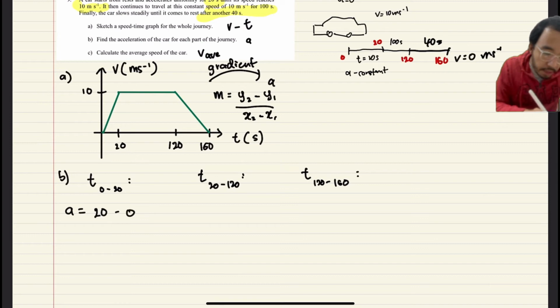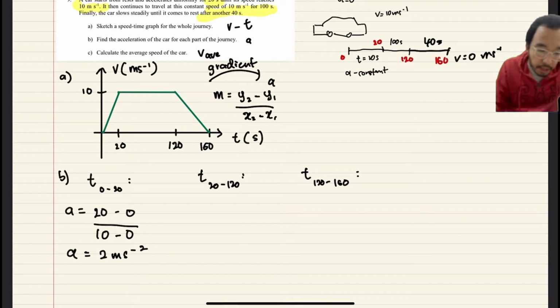So it will be 20 minus 0 over 10 minus 0. So this one will be 20 divided by 10, which is 2 meter per second squared. Again, this is a scalar, so you don't have to bother with the direction. We should bother with the acceleration, but we just leave it like that for now.